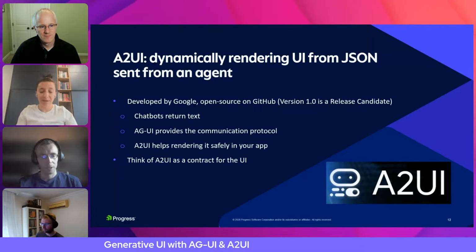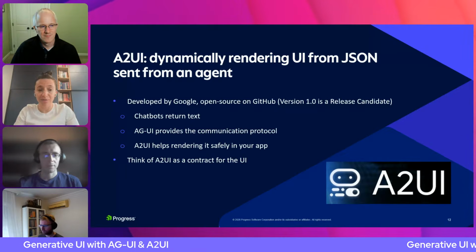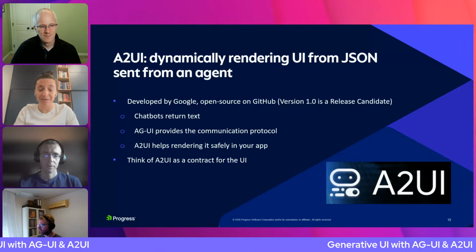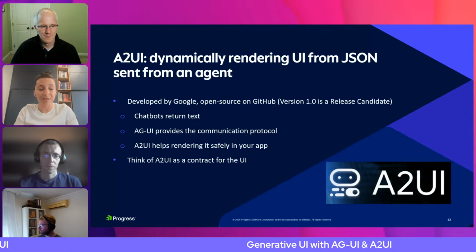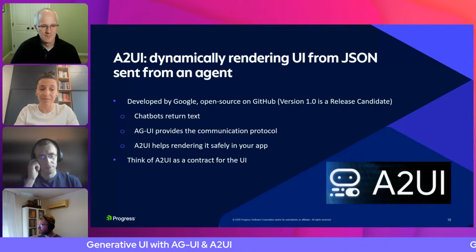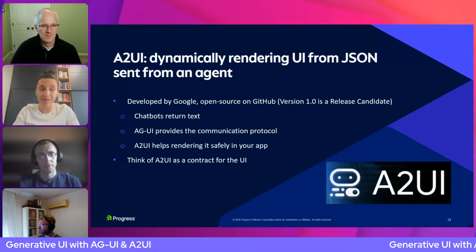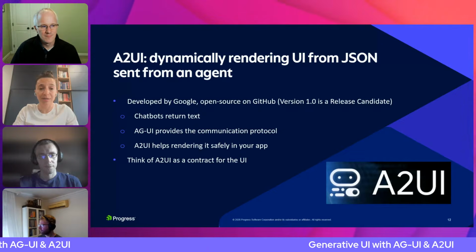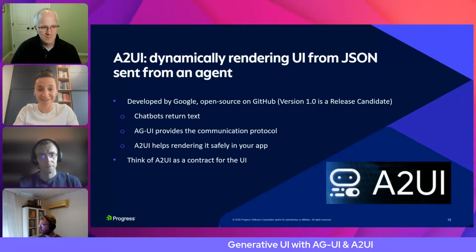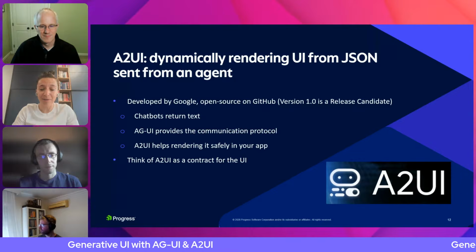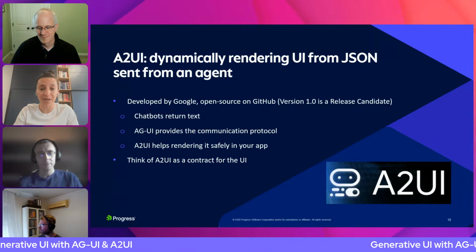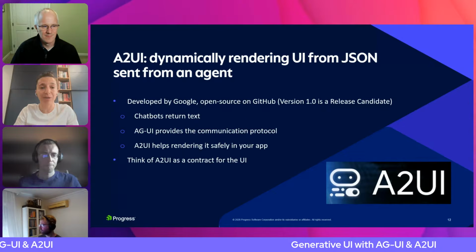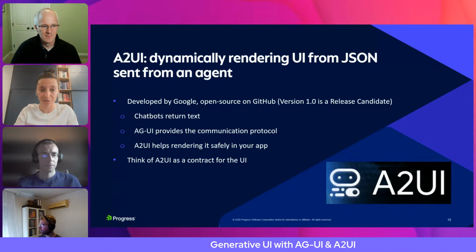It mainly comprises, let's call it a little bit simplified, two pieces. One of them is a renderer, the logic underneath that handles the rendering, in our case for Blazor. And the other part is the so-called catalog, the list of available components that you can use.